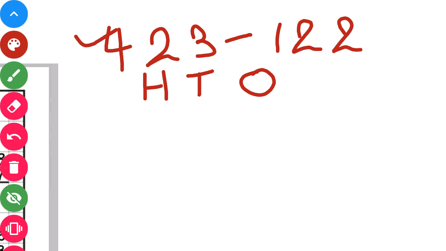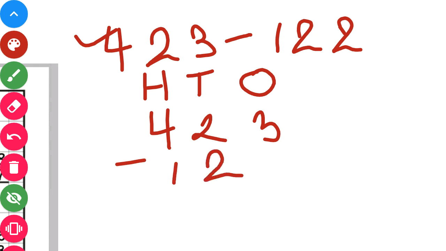Which number is greater? 423 is greater. So we will write the greater number in the first column. That means we have to write 423 in the first column. Now, what will we write next? 122.